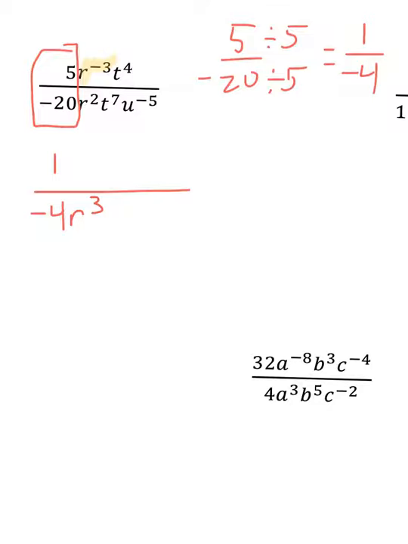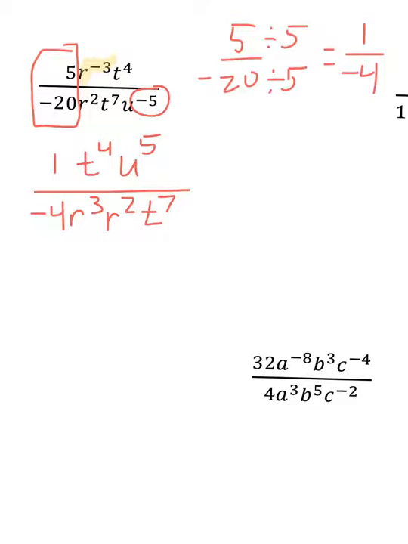Okay, our t to the 4th can stay on top because t to the 4th is happy in the numerator there. And the same with this r squared here, that can stay in the denominator. Our t to the 7th can stay in the denominator. Oh, but our u to the 5th isn't very happy. He's negative. So we're going to switch him to the numerator, make him happy up there, positive.